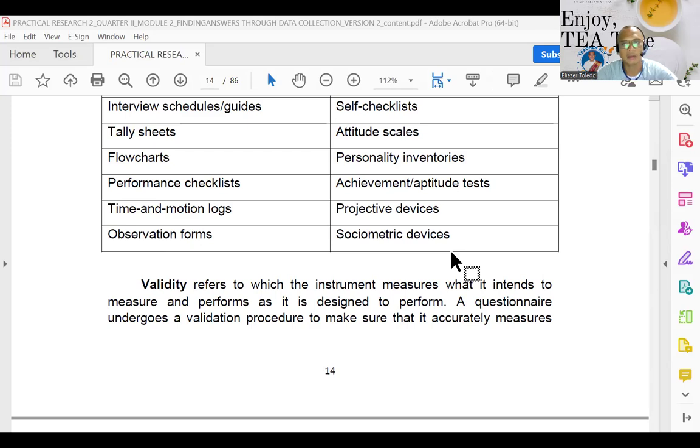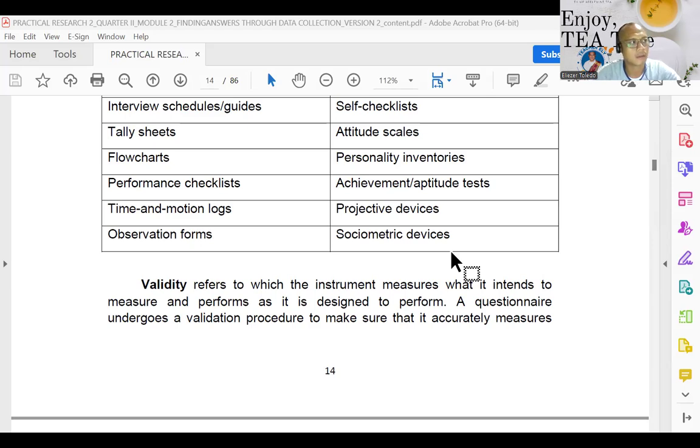For example, I want to know if the children are bright in math, but the test I gave is spelling in science. Is that the right instrument to measure the brightness of children in math? Obviously, no. That is just the simple idea of validity.